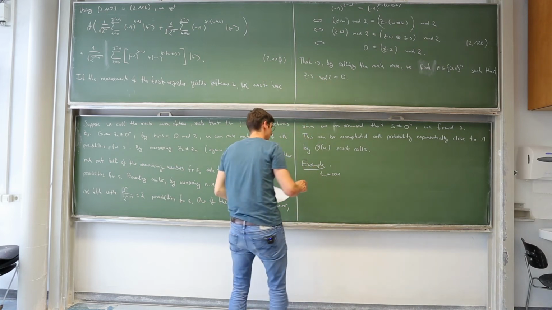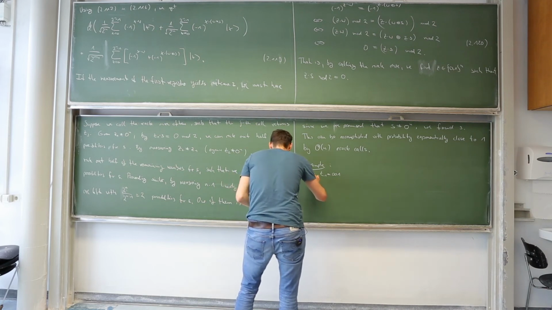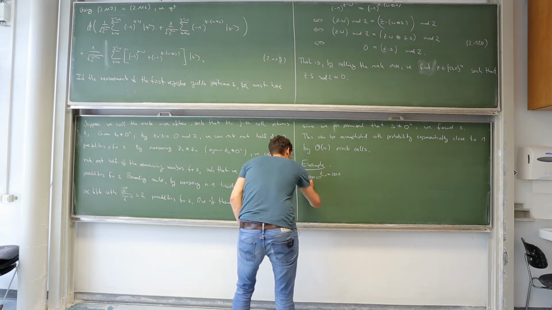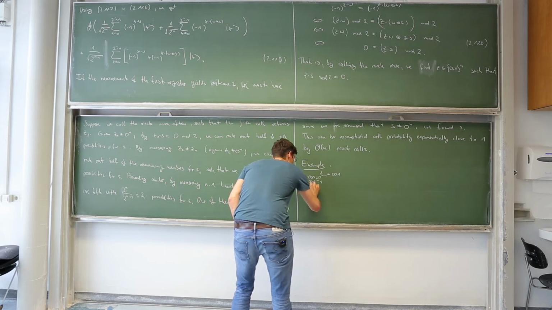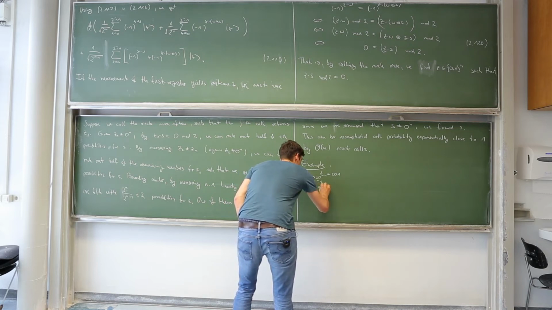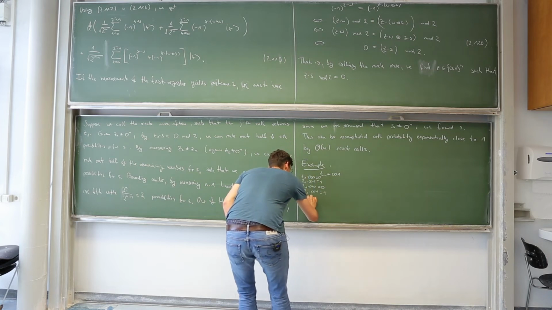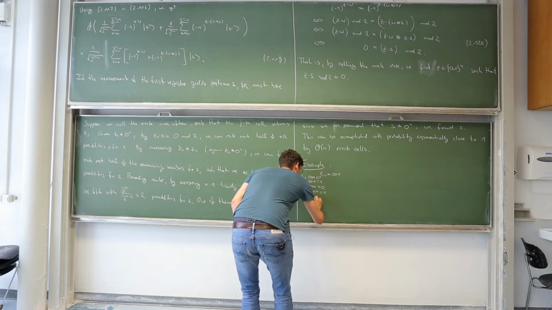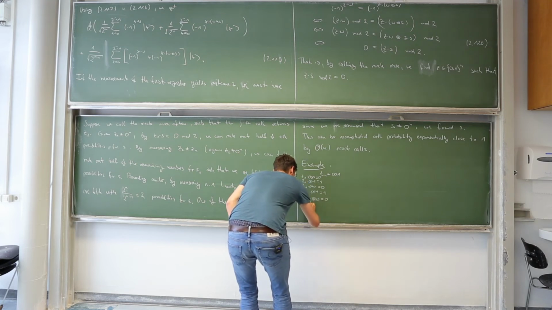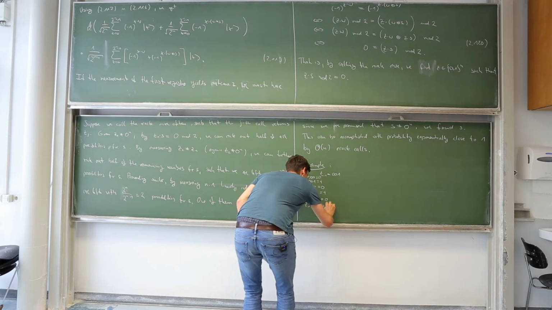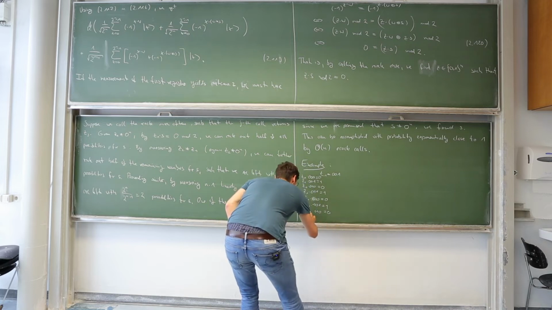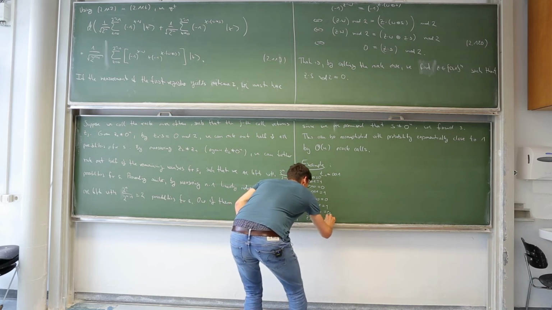So we have Z1 times 000 is equal to 0, Z1 times 001 is equal to 1, Z1 times 010 equals 0, Z1 times 011 is 1, Z1 times 100 is 0, Z1 times 101 is 1, Z1 times 110 is 0, and Z1 times 111 equal to 1.